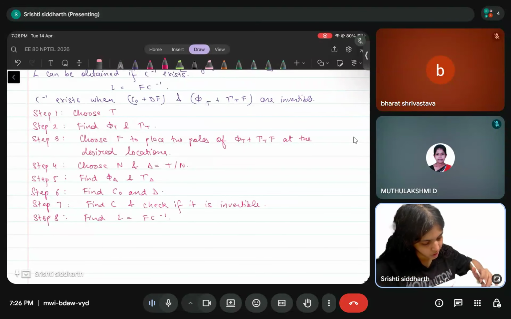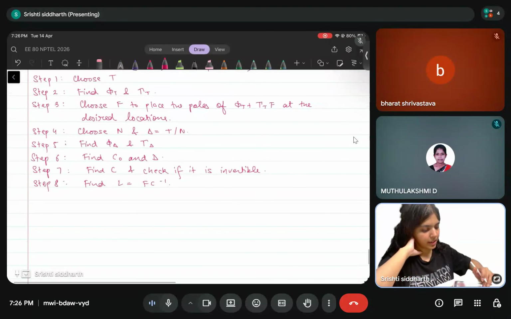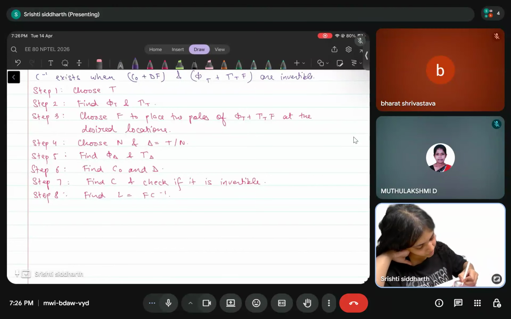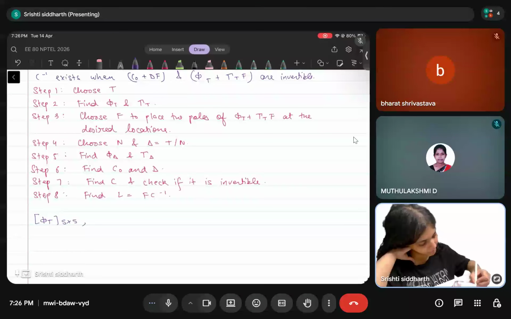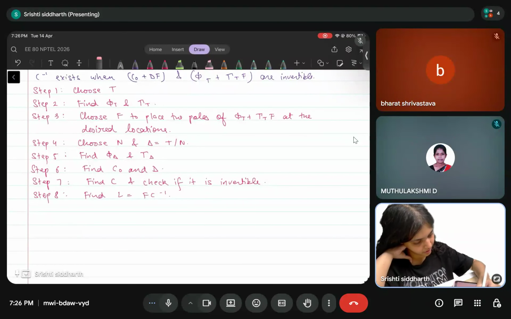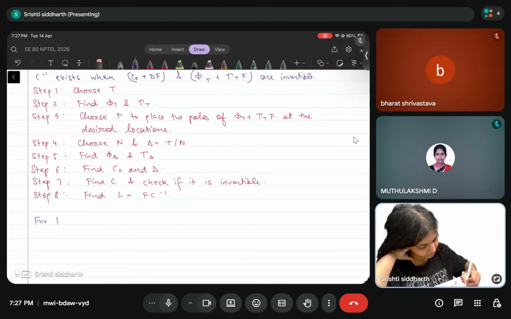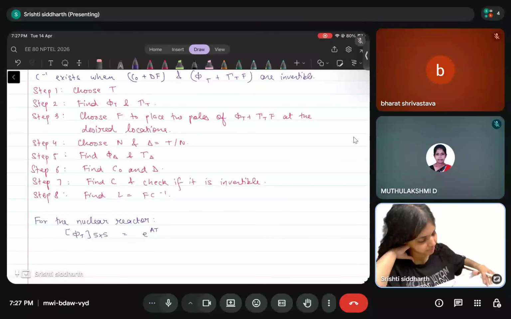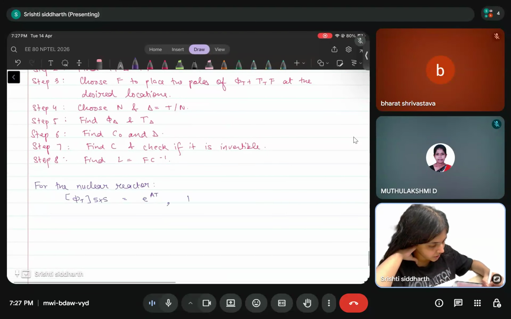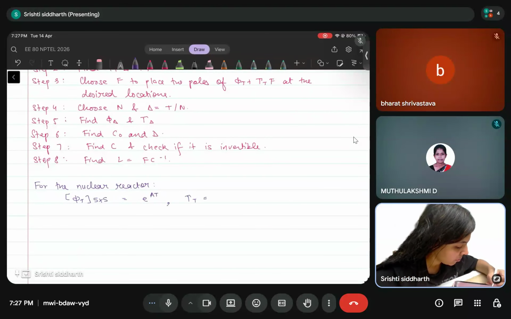Okay. So for the nuclear reactor, let's talk about the dimensions of the various matrices. So phi T is 5 by 5. Then gamma T is 5 by 1.